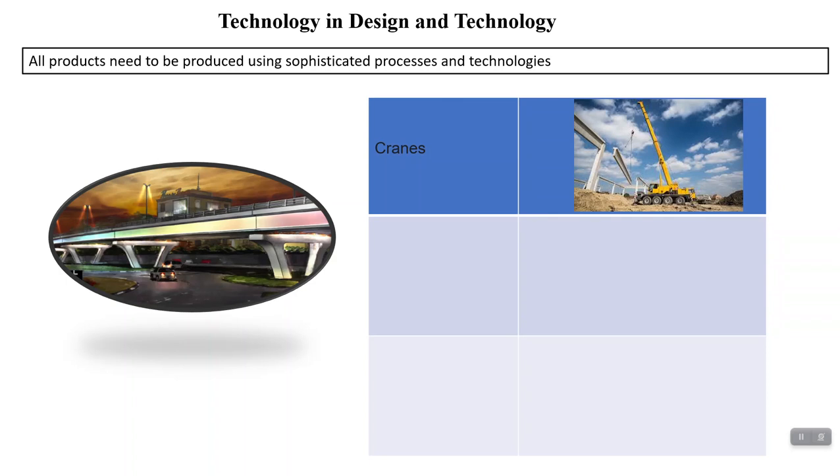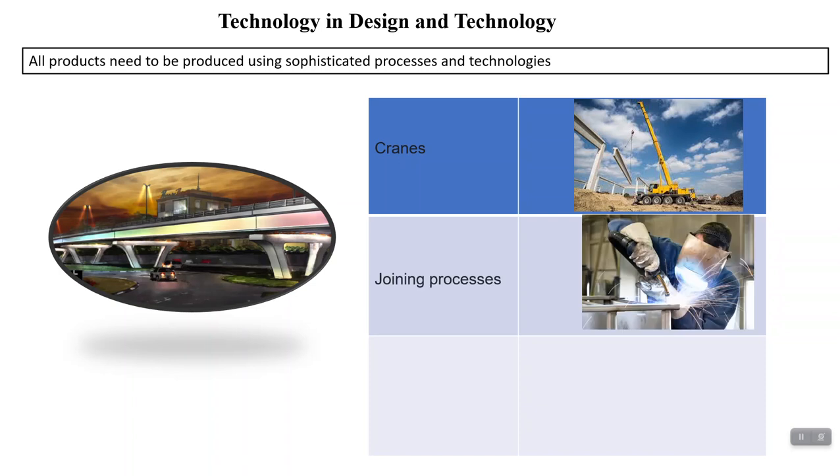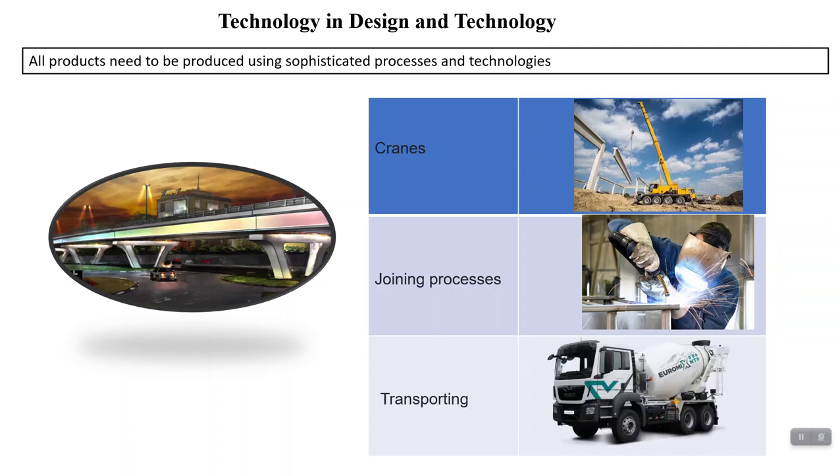So the cranes are machineries or vehicles which are used to lift up heavy materials. The joining processes, for example, here we can see the welding process is a technological joining process. The transporting system also requires technology.